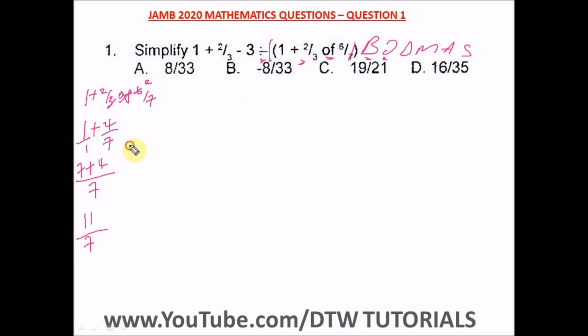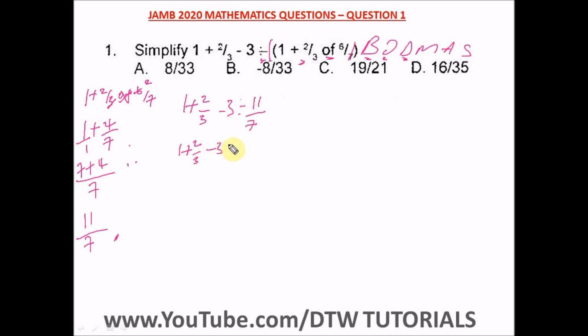So therefore, I like to put my "therefore". We have therefore 1 plus 2 over 3 minus 3 divided by 11 over 7, which is what we got when we solved for the bracket. So what next on the terminology is division. We have to solve for this: 1 plus 2 over 3 minus 3.